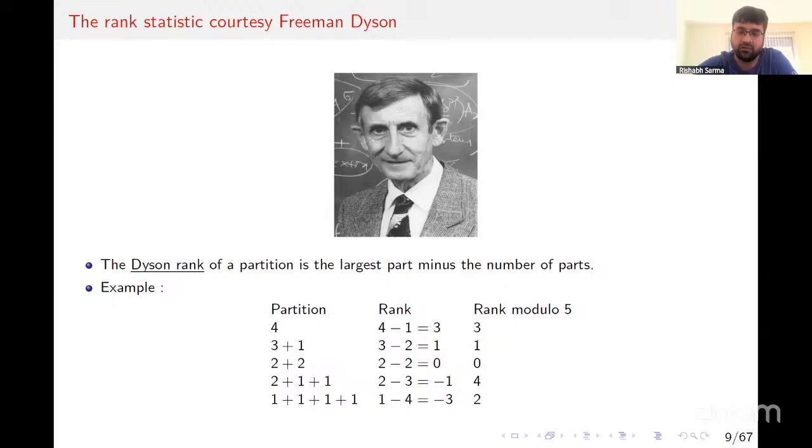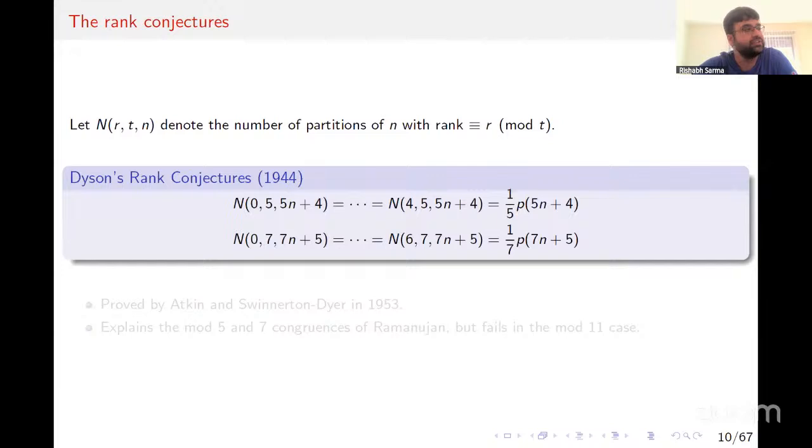And this is not a coincidence. This is in fact Dyson's rank conjecture, which states that if N(r,t,n) denotes the number of partitions of n with rank congruent to r modulo t, once again rank is the largest part minus the number of parts, then we have the following.